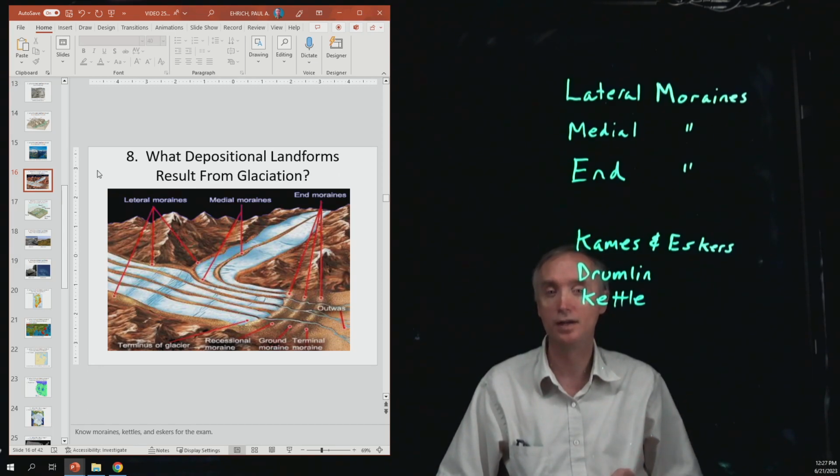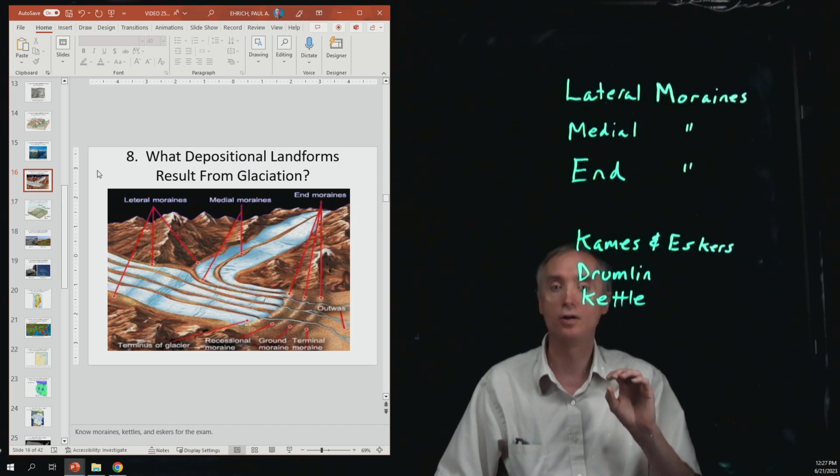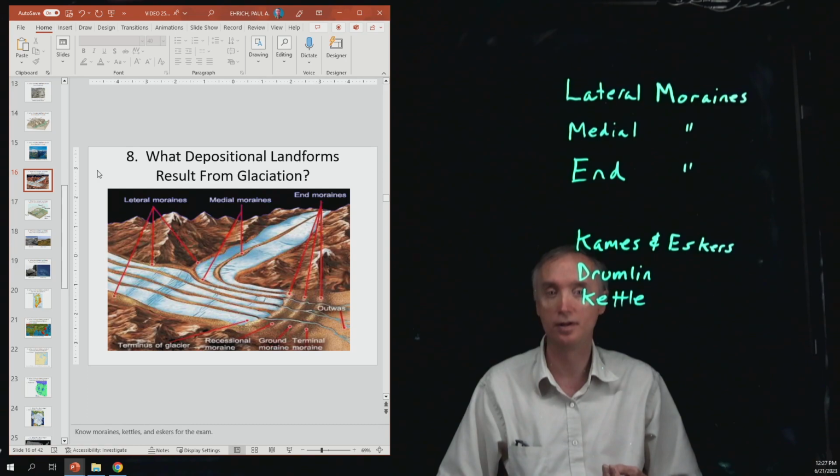We also said that a glacier can push material in front of it. So all of these kinds of materials, after the glacier has retreated, can form depositional landforms, which we call moraines.